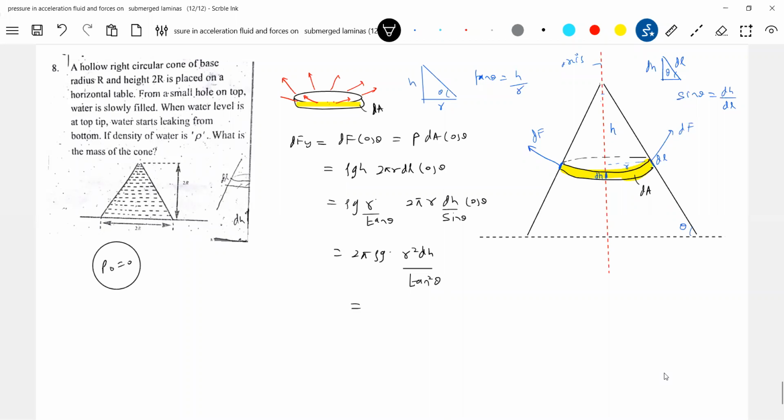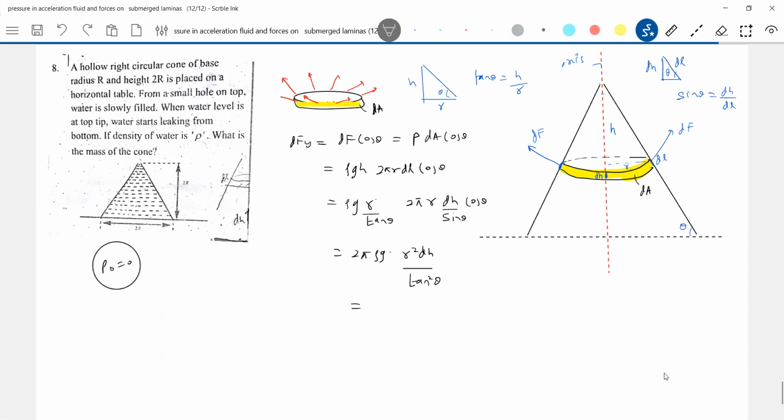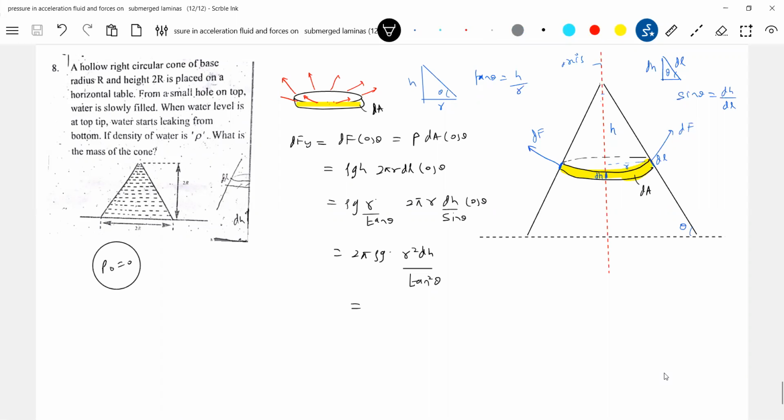R by tan theta, we can write it as h r square by tan theta. Two pi rho g r square dh is there.